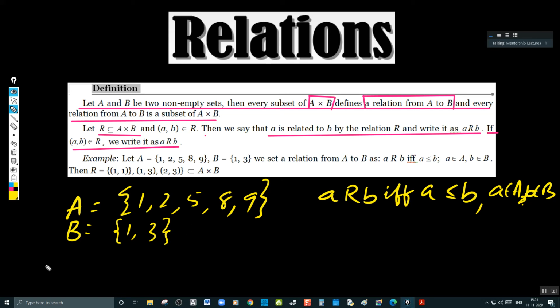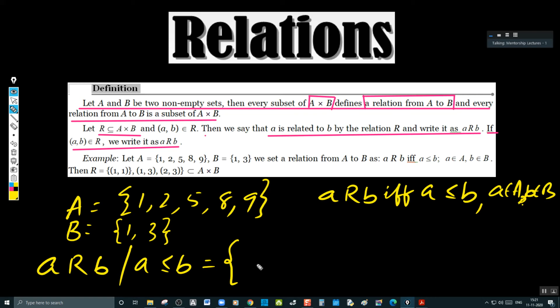Now a or b, this is what I'm talking about, such that, we can use this symbol for such that, a is less than or equal to b. Let us see that. That is very simple.